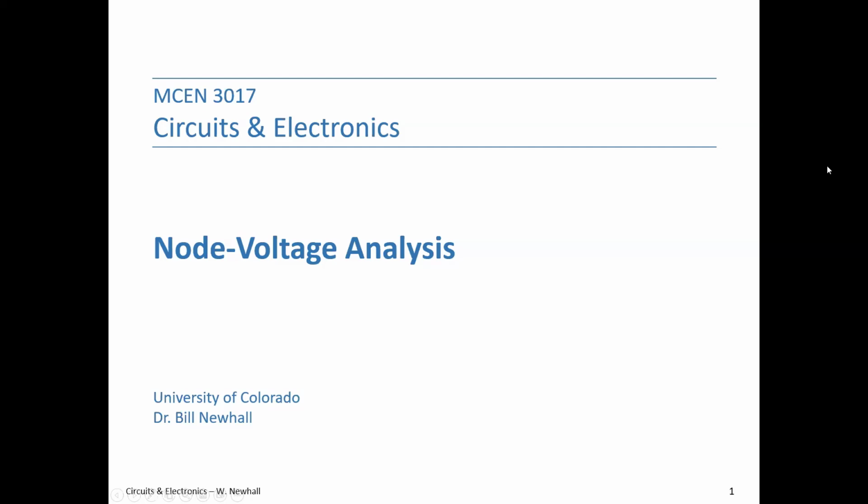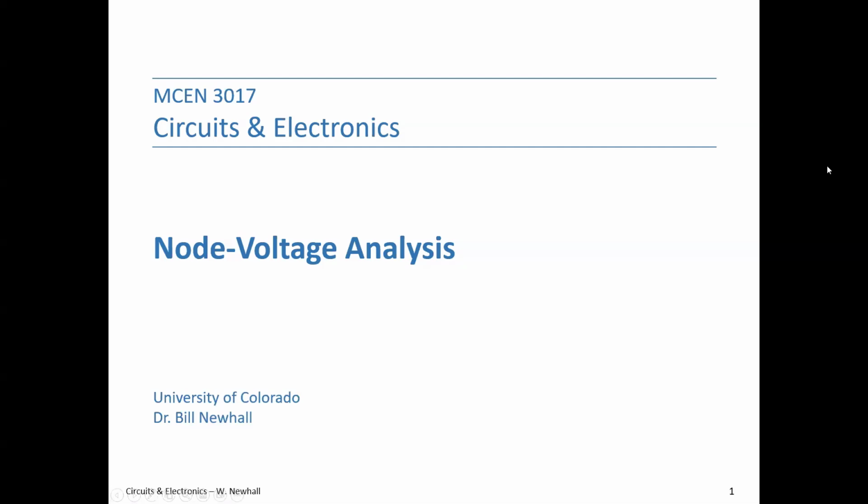In other words, for complicated circuits, if you're trying to solve for voltages throughout the circuit, you could write several KVL equations and KCL equations, and hopefully you have enough independent equations to solve for the number of unknowns that you have.